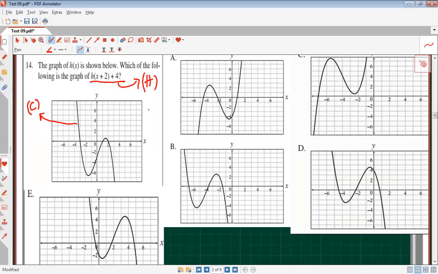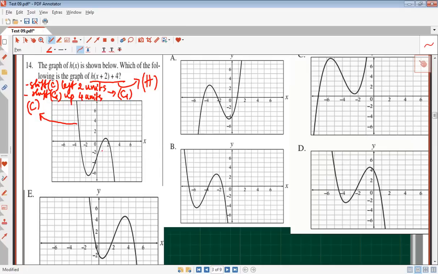To get the graph h, we need to do two actions. First, we need to shift the graph C left 2 units, become the graph C1, for example, and then we continue to shift the graph C1 up 4 units.